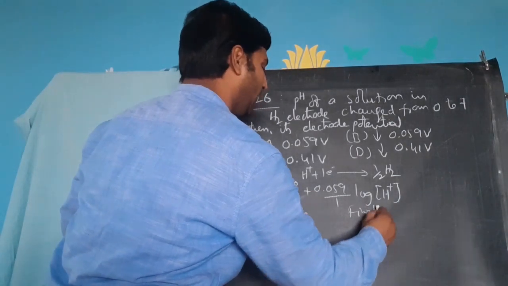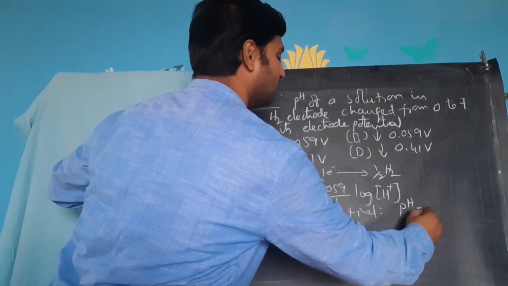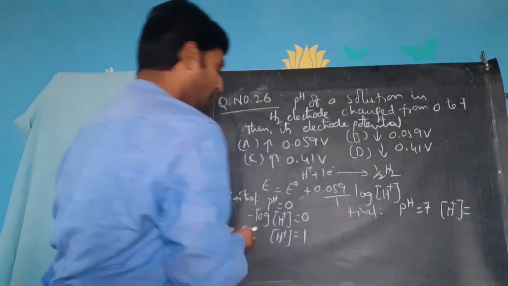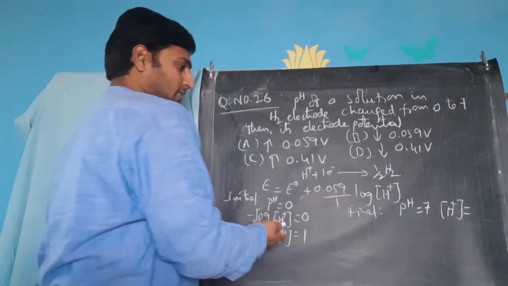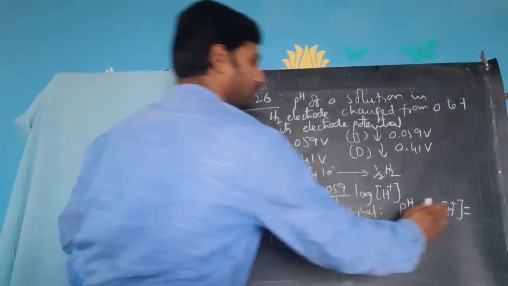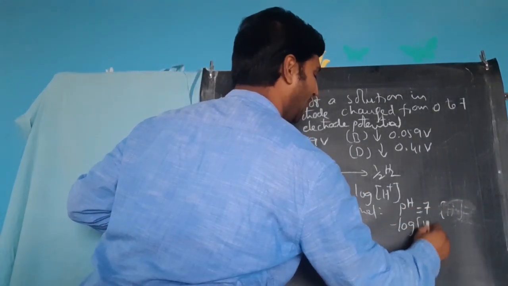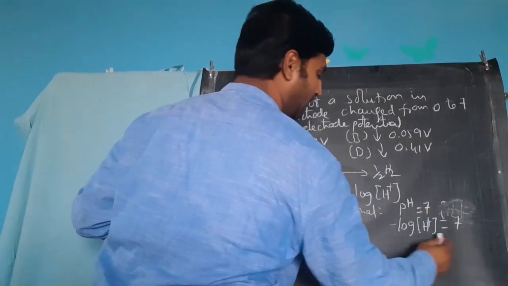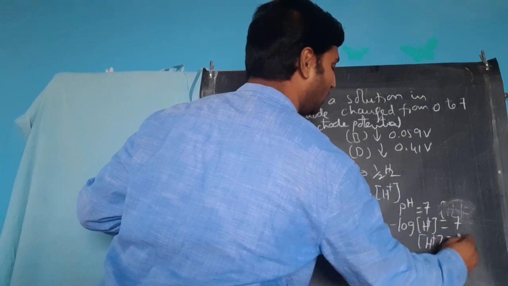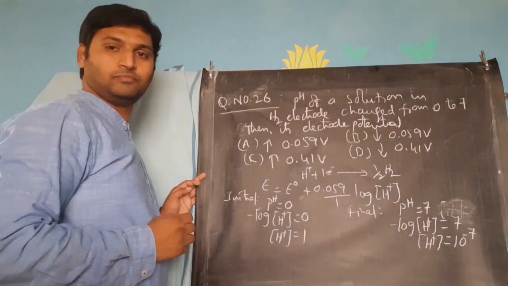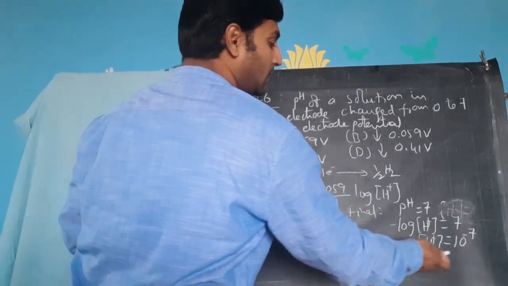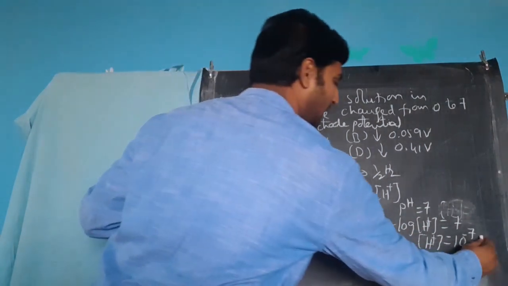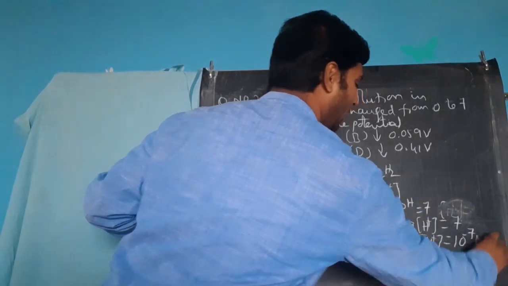Whereas finally pH became 7. Minus log H plus concentration is equal to 7, so if you simplify and take the anti-log, H plus ion concentration is 10 power minus 7. So H plus concentration has changed from 1 molar to 10 power minus 7 molar.